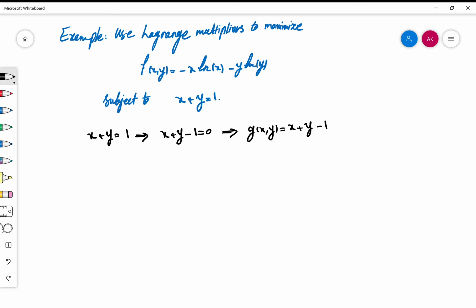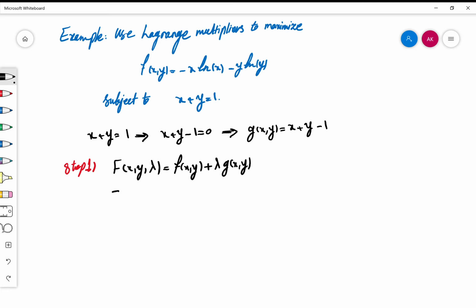And then the Lagrange multiplier method says that first, define this function F(x, y, lambda) to be f(x,y) plus lambda g(x,y).